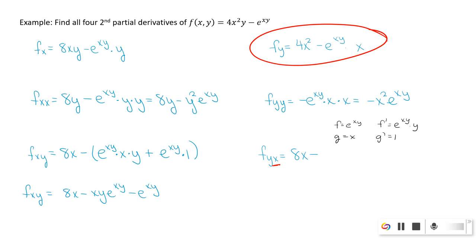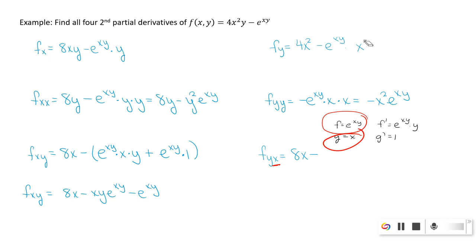We're taking the derivative with respect to x. So kind of similar to what I did before, I'm going to write out my product rule. I'll let f be e to the xy. My g is just that x. And then I'll find the derivative of both of those things with respect to x.